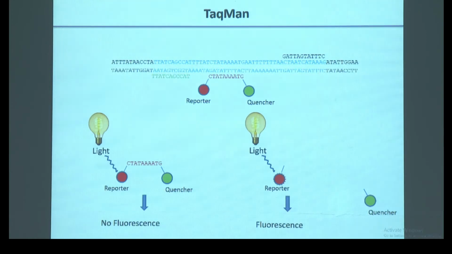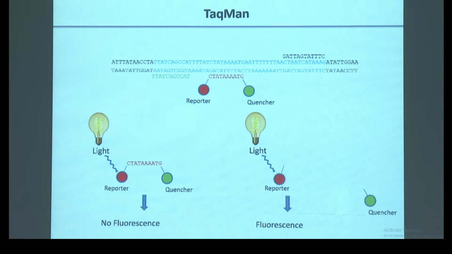Another, it has two molecules attached. One on the 5' end that is called a reporter molecule. On the 3' end it is called a quencher molecule. When this probe is intact and you excite with light, it doesn't give fluorescence.